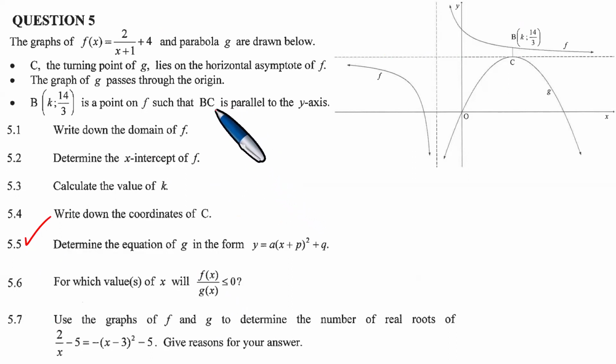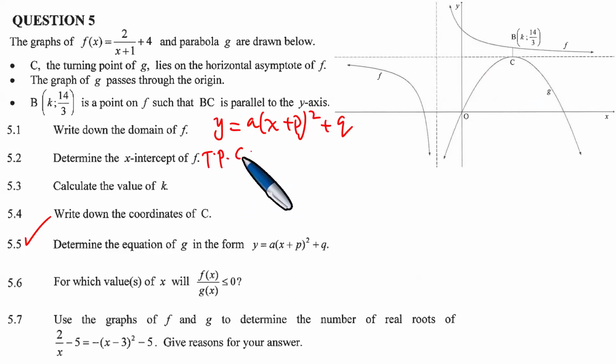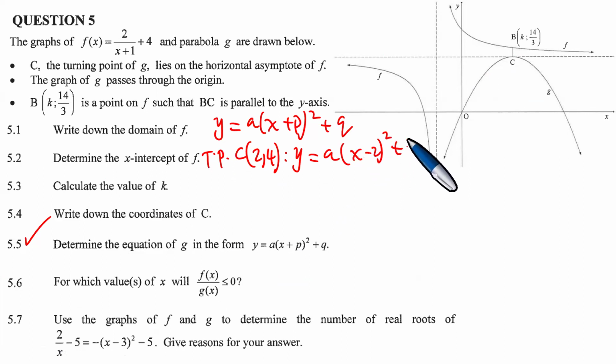Next, we're looking at 5.5. We are given this particular equation, which is the equation of g, the parabola, and it must be in the form a, open bracket, x plus p squared plus q. To do 5.5, g has the turning point C with coordinates 2 and 4, which means y is equal to a times x minus 2 squared plus 4.